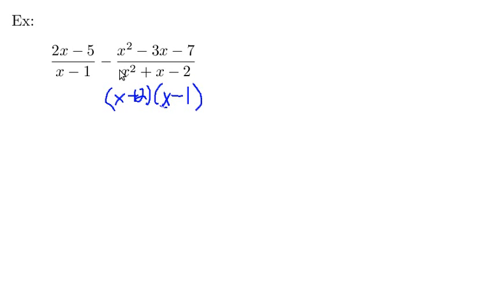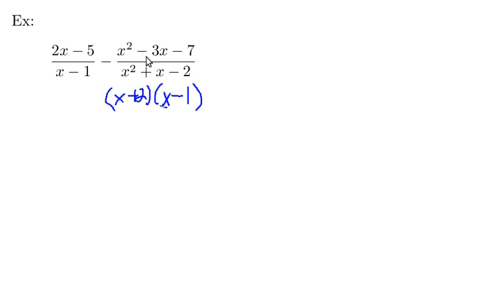What about this top part right here? To find the lowest common denominator, we don't really need to factor the top part, but I will say one thing that's pretty important. This actually can't be factored. The reason I know that is because there are no two numbers that multiply together to make -7 and add together to make -3. You can try that out, and hopefully that'll make sense to you.